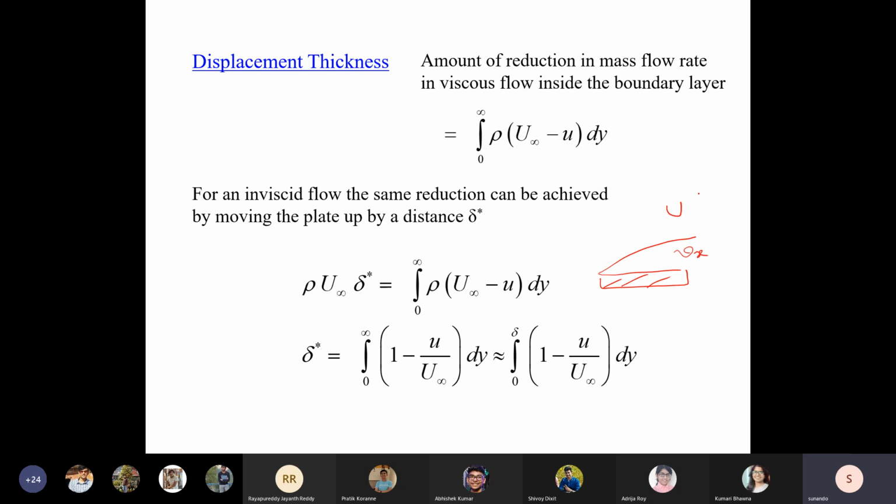Outside of this, you have U. So if I approximate this integral as a sum of infinite steps, what would be the contribution of 1 minus u by u infinity as we approach the edge of this boundary layer? Is it going to be significant or insignificant? At least you answered that.